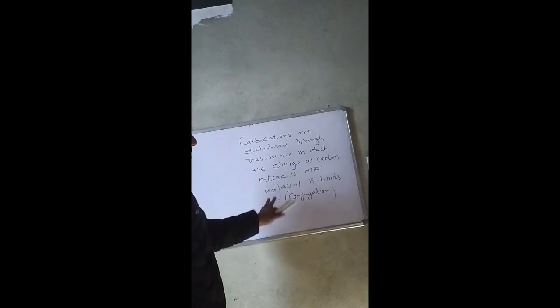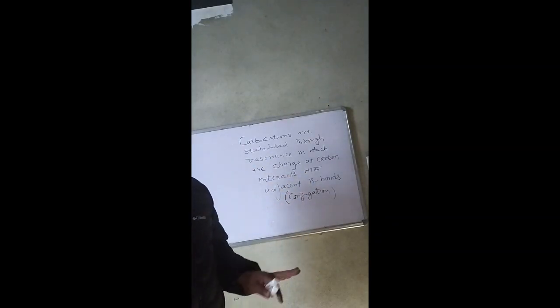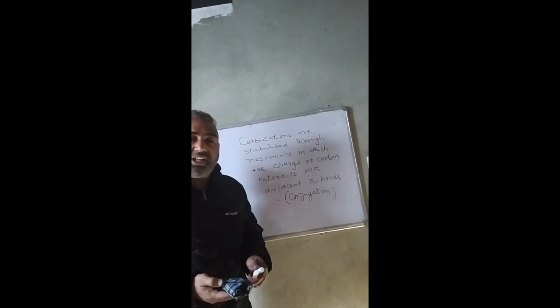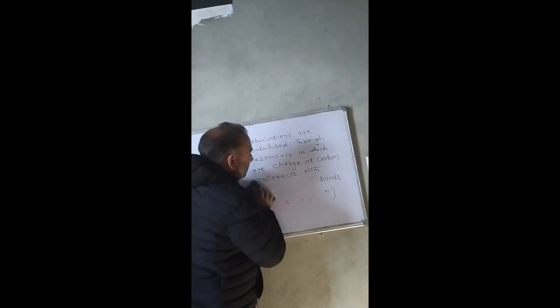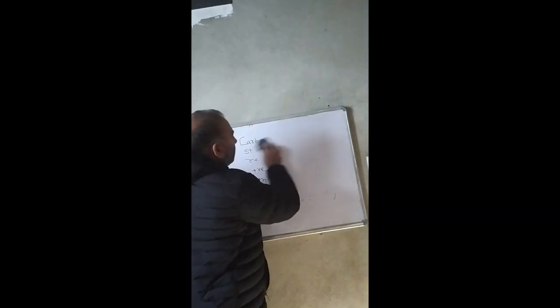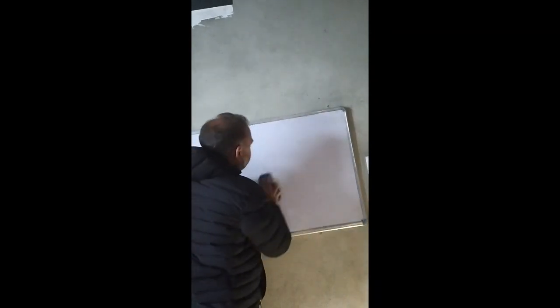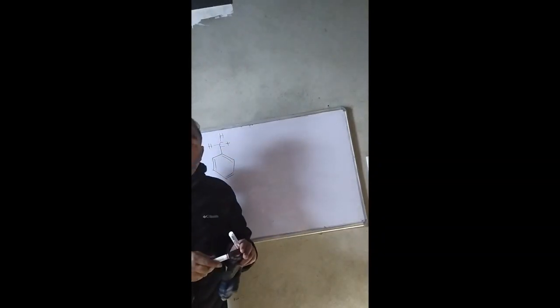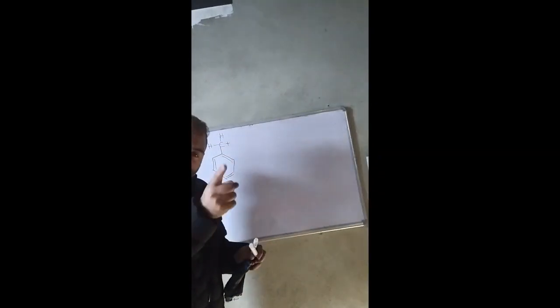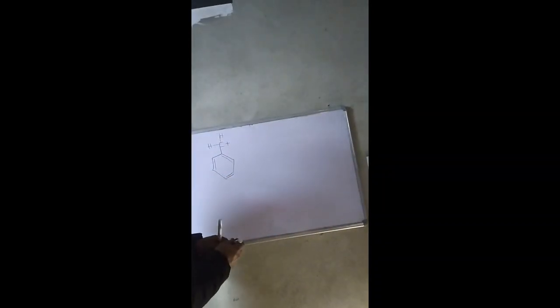Let us write one such carbocation where positive charge interacts with adjacent pi bonds. Like this. This is called benzyl carbocation, as I told you in the previous video.